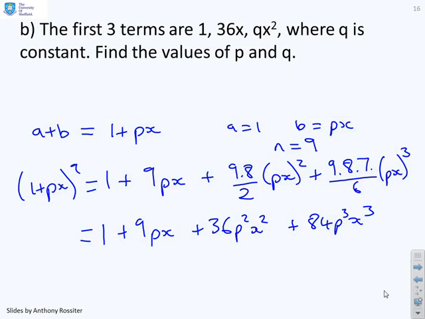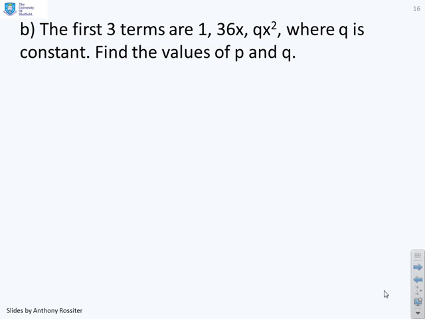Okay, so I'm just going to write down the first 3 terms, because that's all we need for this second part, because it says the first 3 terms are given. And what does it tell you about the first 3 terms? It says the first ones are 1, 36x and qx^2.